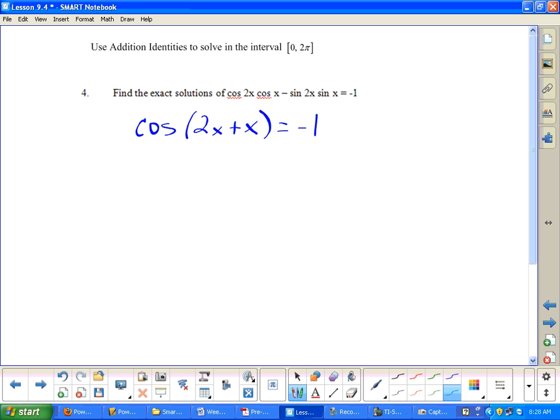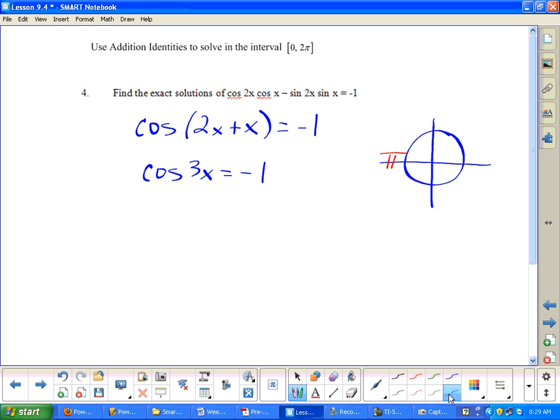And 2x plus x is? So where does cosine equal -1 on the unit circle? Over here at pi, right?